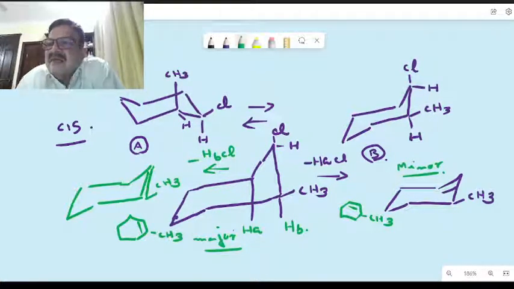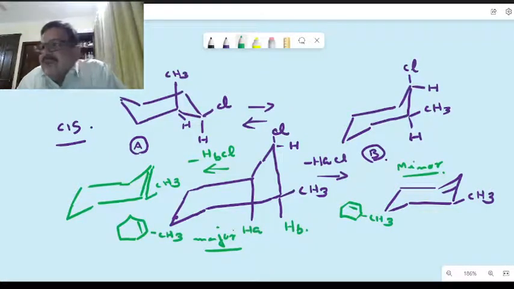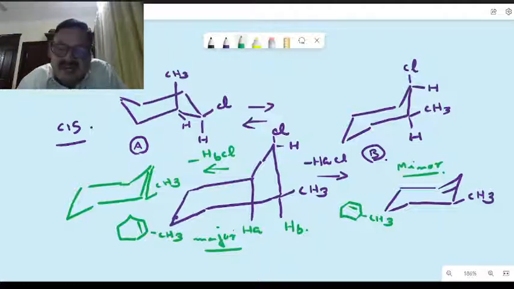This is the conformation B of the cis isomer. The cis isomer means two different axial beta hydrogen atoms are there, which we have marked as HA and HB. Both hydrogens can react, so the E2 reaction can occur at two different locations and proceed in two different directions, giving two different types of alkenes.